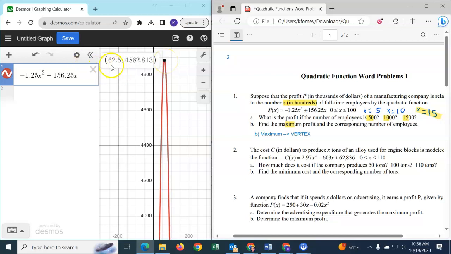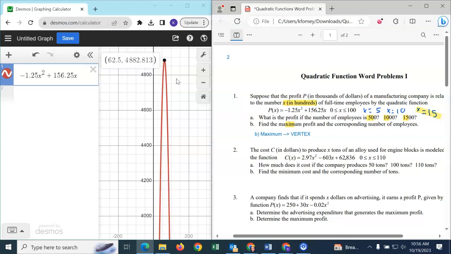So I see my ordered pair is 62.5, and then 4,882 and approximately 8.813. So now find the maximum profit and the corresponding number of employees.